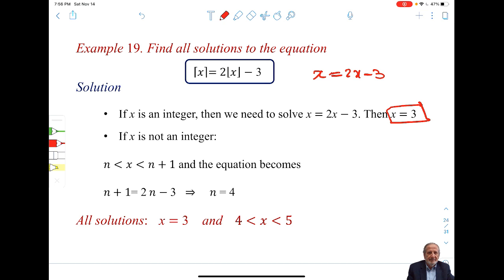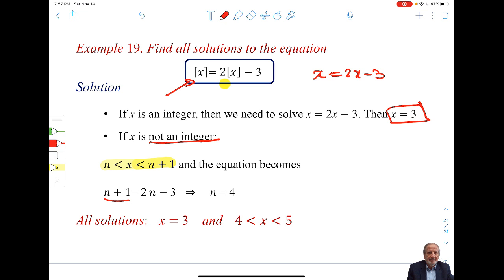Now, if x is not an integer, so x is between, we did the same technique, between n and n plus 1. Let's replace this in the equation. Now we know x is between n and n plus 1. So the ceiling function of x, the left-hand side here, is n plus 1.